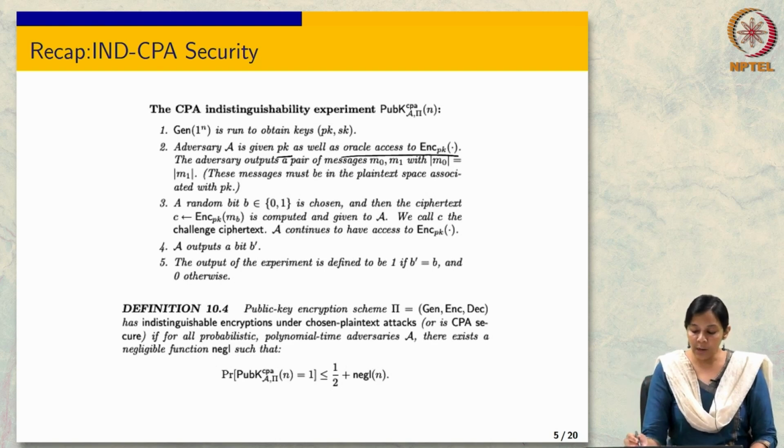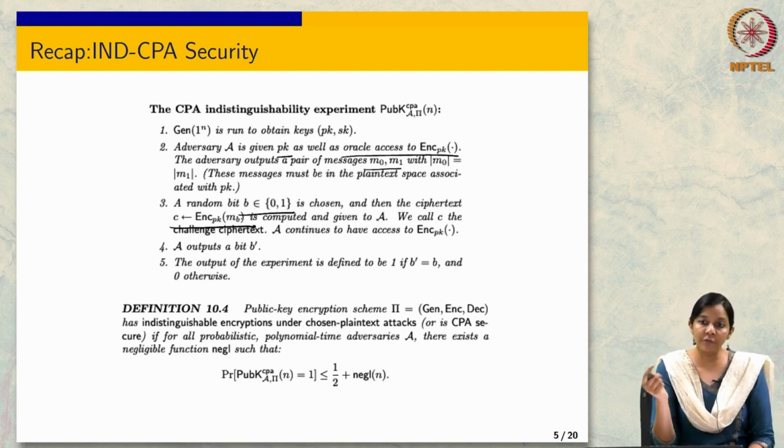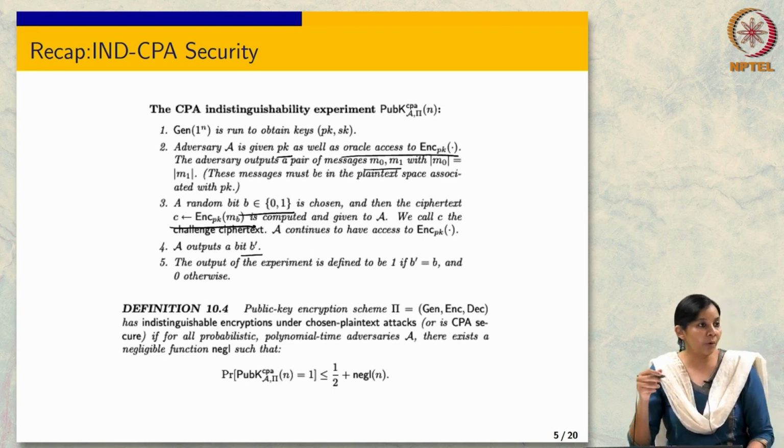Finally, the adversary will output two messages M0 and M1 of the same length, and then the challenger is going to choose a random bit and give an encryption of one of the two messages chosen randomly, and the attacker has to output a guess for which message is chosen, right.